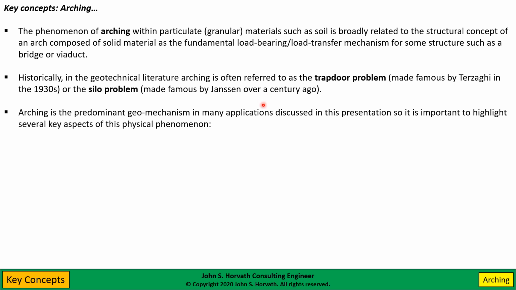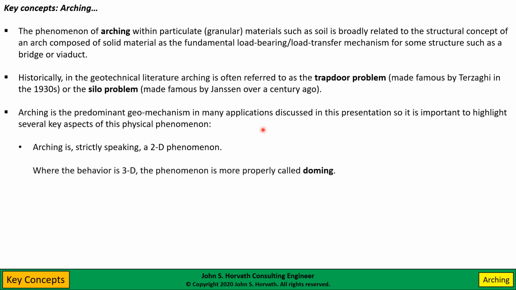Arching is the predominant geomechanism in many of the applications discussed in this presentation, so it's very important to highlight some of the key aspects of this phenomenon. First of all, arching is, strictly speaking, a two-dimensional phenomenon. If we had three-dimensional behavior, it's more properly called doming, such as the dome of some type of building.